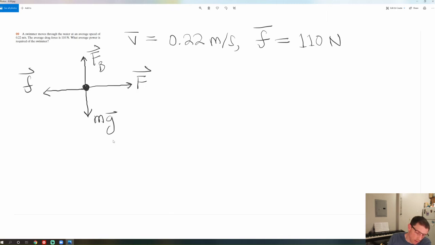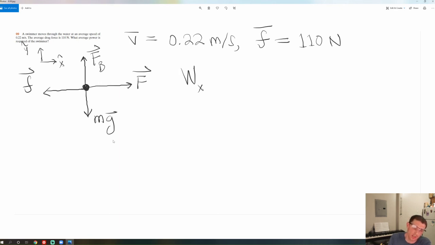the net work on the swimmer, let's say, this makes me uneasy because remember that work is a scalar, so we wouldn't typically write it with a component, but I'm going to do that. And note that we're thinking about our usual XY directions here. This is just to indicate the X here, right?